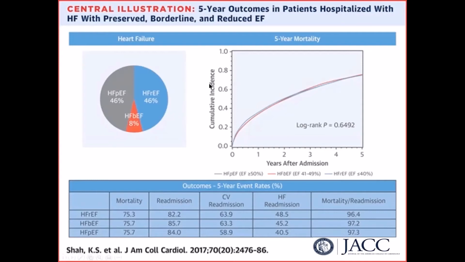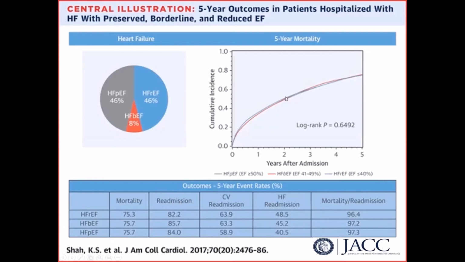Okay, so when they looked at the proportion of heart failure with preserved versus reduced versus borderline, 46% of the patients had preserved EF, 46% of them had reduced EF, and about 8% had borderline EF. So it's 50-50 between reduced EF and preserved EF.